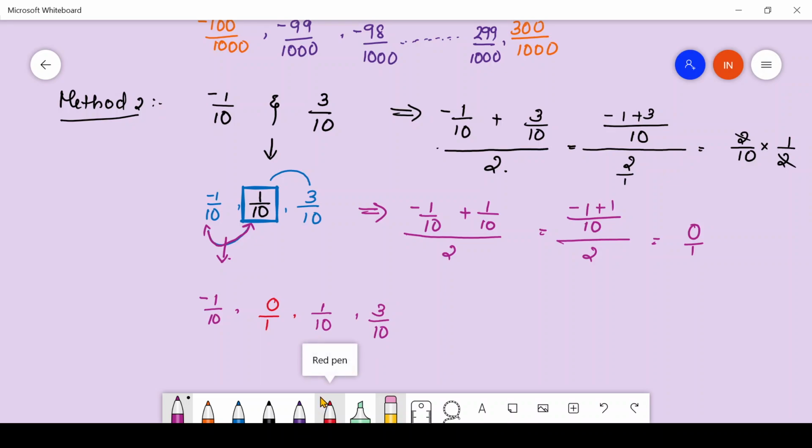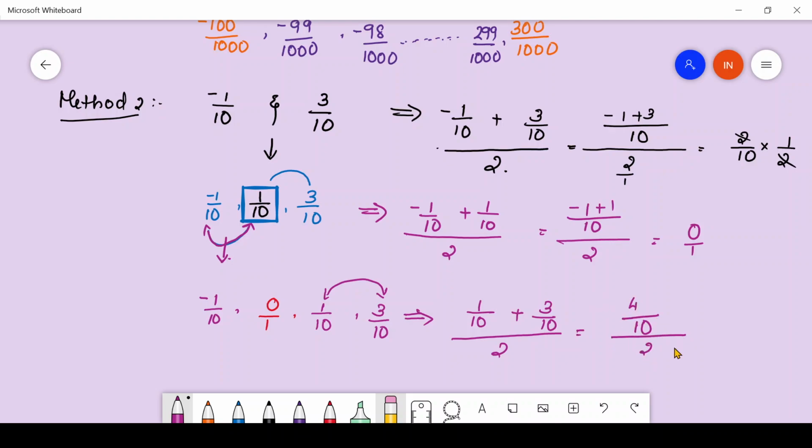Okay, so next, one more I am showing you how to find out, that is I'm going to take between 1 by 10 and 3 by 10. So finding the mean of these two numbers, 1 by 10 plus 3 by 10 whole divided by what? 2, right? Then the LCM is 10, the numerator we know that is 4, and we have 2 here.